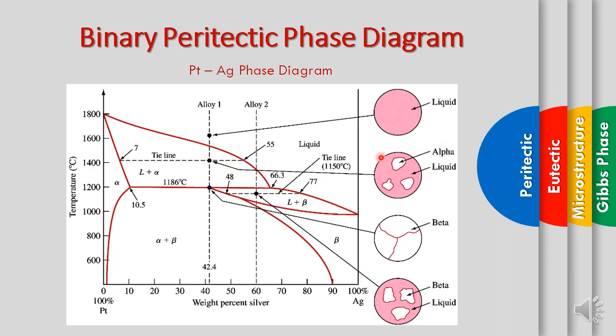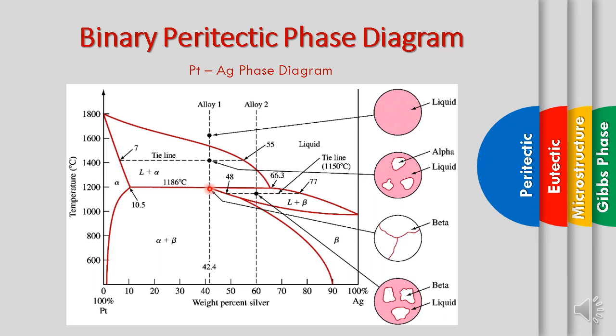The alpha composition and liquid composition can be determined at this line, 7 and 55, and it also happens to the beta at this point, whereby at this point beta is 100% transformed.